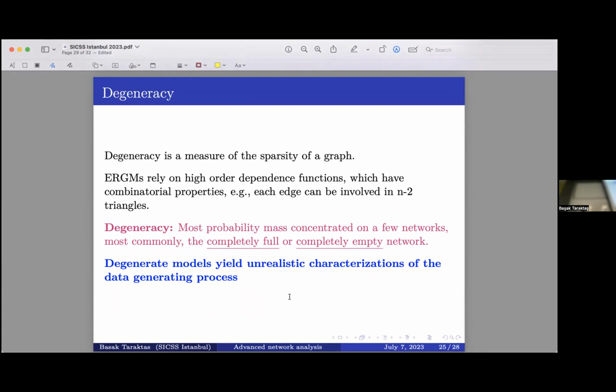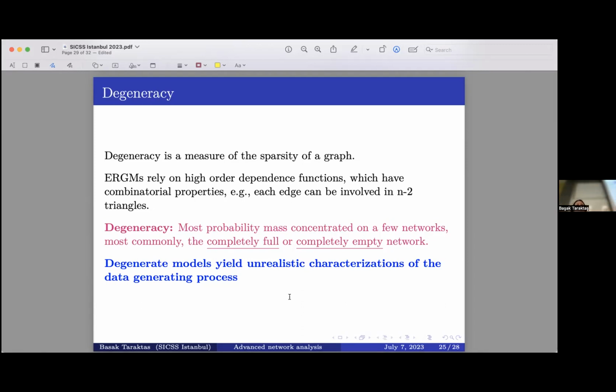When you're simulating graphs in your MCMC algorithm, if you bump into a degeneracy problem, what you have is a lot of empty networks and full networks. So there are lots of observations on either side of the spectrum: number of ties equals 0, or number of ties equals the maximum number of ties that could possibly happen, and very few observations in between.